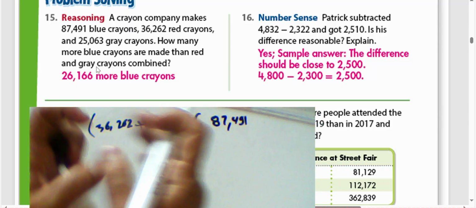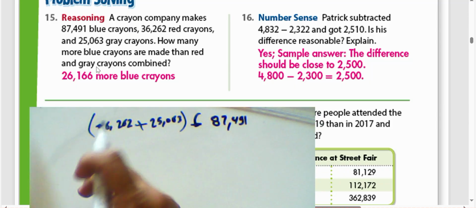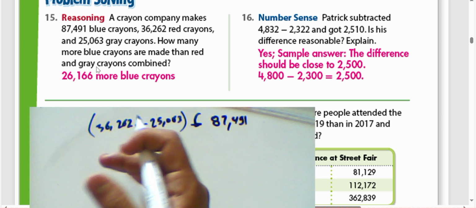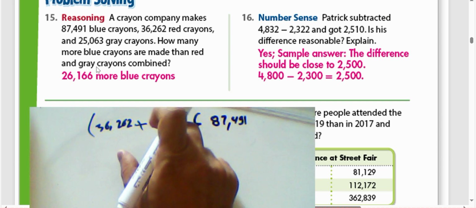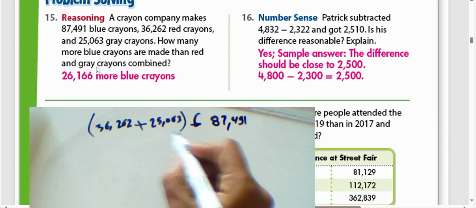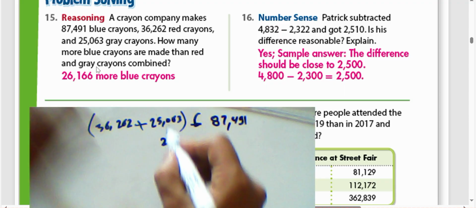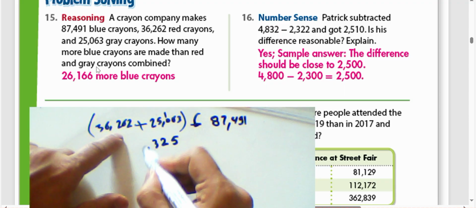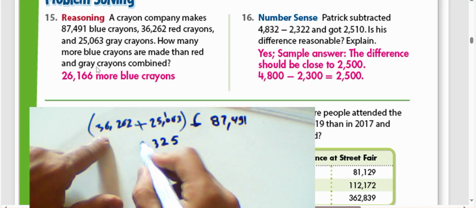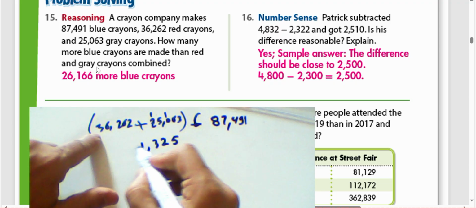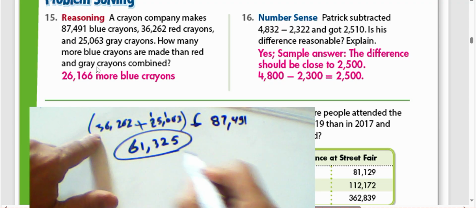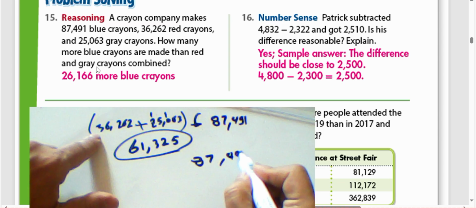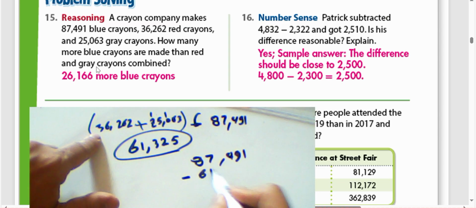He wants to find the difference between the number of blue carriers and the red and gray carriers. We add together first. 3 plus 2 is 5, and 6 plus 6 is 12, 2 and carry 1. 1 plus 2 is 3, and 5 plus 6 is 11, 1 and carry 1. 2 plus 1 is 3, 3 plus 3 is 6. Then we write 87,491 subtract 61,325.